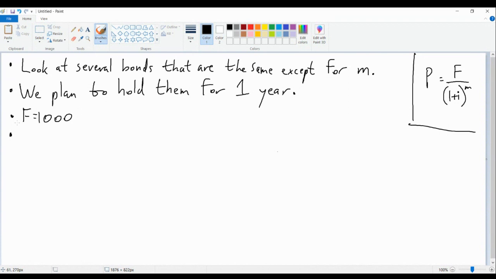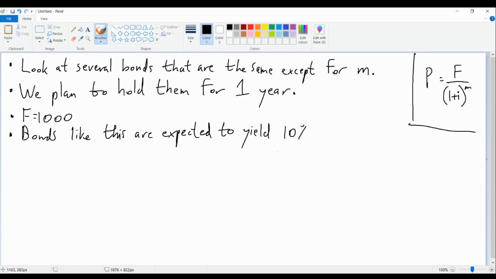And the company that's selling these bonds has other alternative ways of borrowing. What we need is a benchmark such that bonds like this are expected to yield 10%. So there's this 10% benchmark against which all the prices are being computed. The lenders could buy similar bonds that yield 10% from other companies, and the borrowers could borrow at 10% maybe from a bank or from some other source.